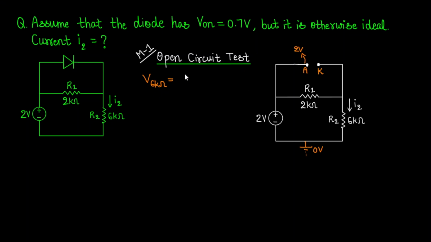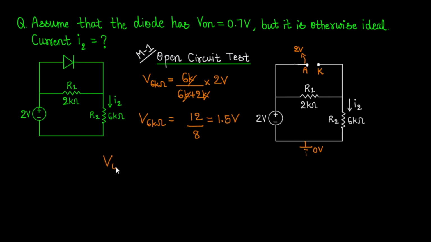So the voltage developed across the 6 kilo ohm resistor is as follows. V at 6 kilo ohm is 6K by 6K plus 2K multiplied with the voltage source, which is 2 volts. All these Ks get cancelled. So the voltage at the 6 kilo ohm resistor is 12 by 8, which is 1.5 volts.